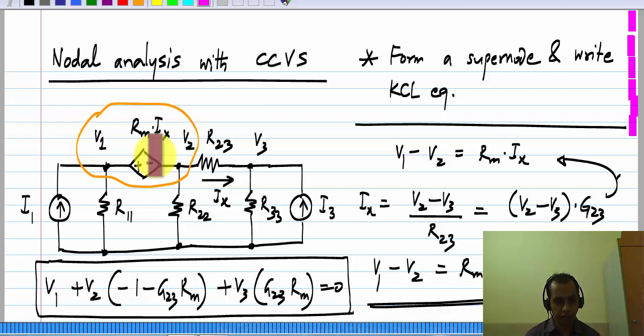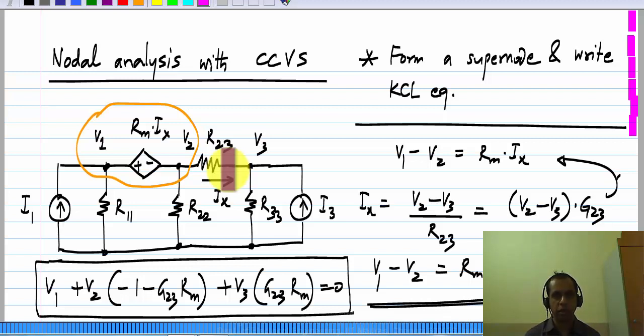Finally you write the controlled voltage source in terms of these voltages V2 and V3, where Ix is flowing in the resistor between V2 and V3. So that is what we will have for a current controlled voltage source.